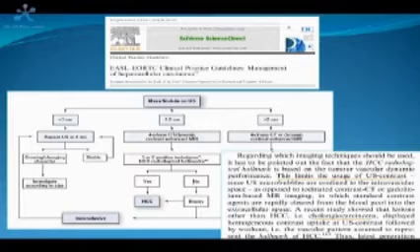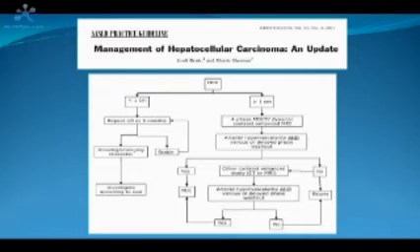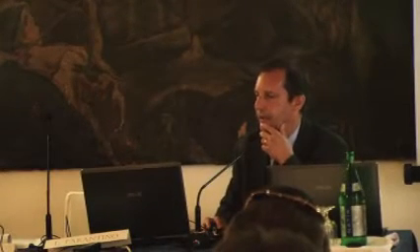Now they say that since a number of HCC do not wash out, we can't use CEUS. Also because of some overlap with cholangiocellular carcinoma, but this was based only on a single study on a few number of cases, so most of us do not agree with this statement.